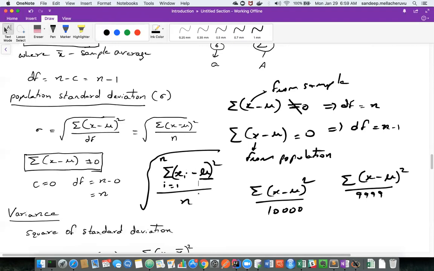The center is my central tendency, which is mean here. Like I said, most of the times we'll take only the central tendency as mean, not median. I just told you when I was recapping.